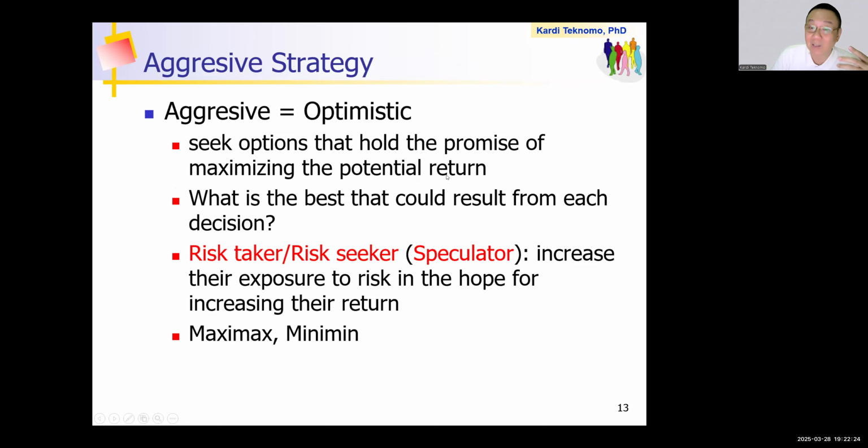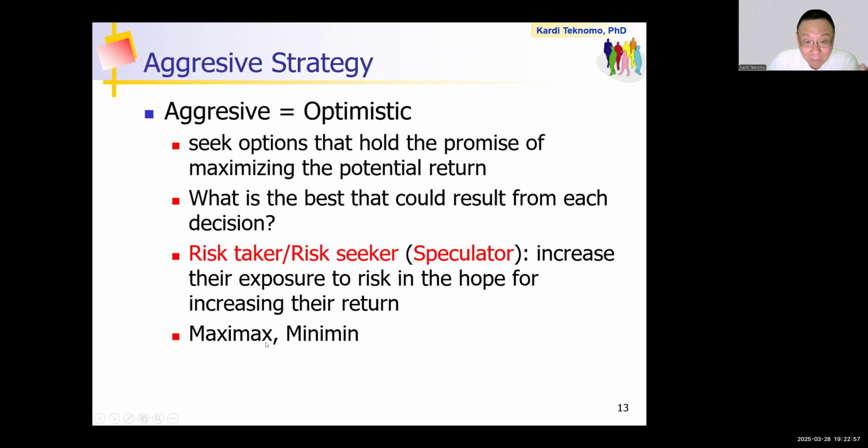You will always ask, what is the best that could happen in this decision? So you are a risk taker, risk seeking or speculator. You will increase the exposure to risk in the hope that you will gain higher return. So high risk, high return. This is an aggressive strategy. The jargon in decision under uncertainty is maximax or minimin: maximax the gain or minimin the cost.